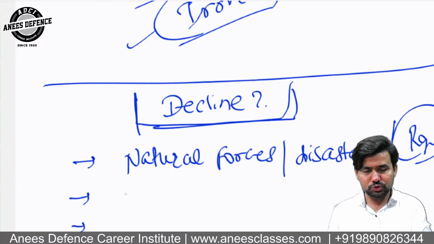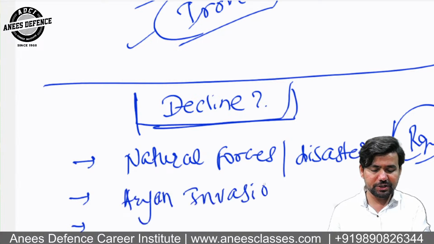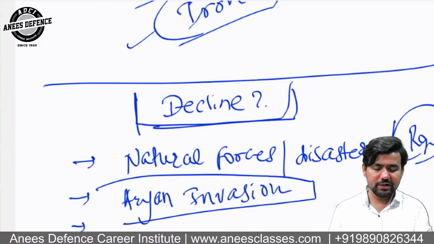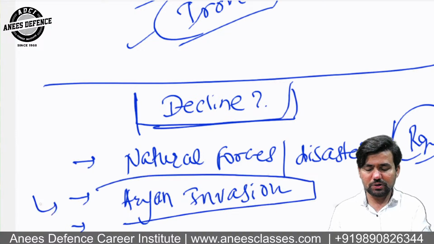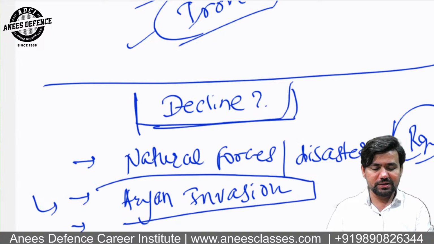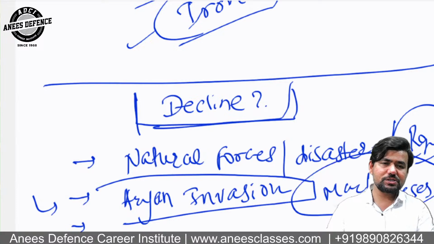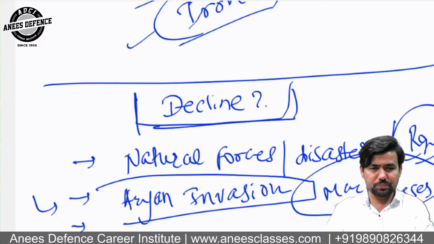Another approach says that maybe it is because of the Aryan invasion. It is because of the Aryan invasion that the Harappans declined. Aryans had superior weapons. They had masks, helmets, and horses. So maybe their fighting skills were superior, or they had superior weapons at their disposal.